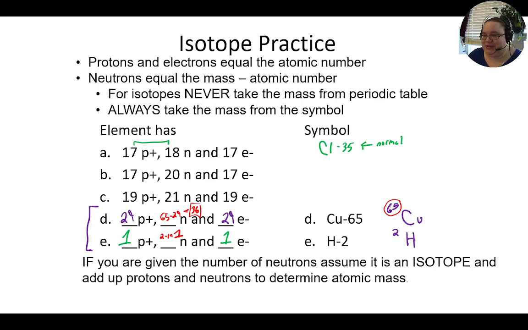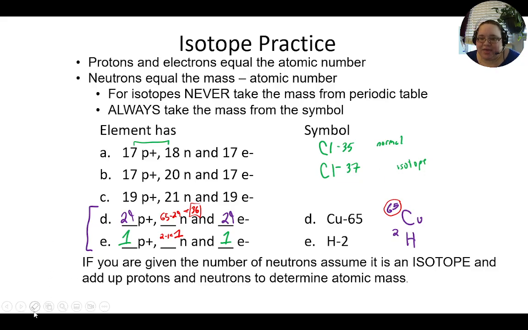Gotta get used to doing mental math again. So for the second one, 17 plus 20, protons plus neutrons, tells me that this chlorine is an isotope. It is isotope 37. It has a different mass because it has a different number of neutrons.